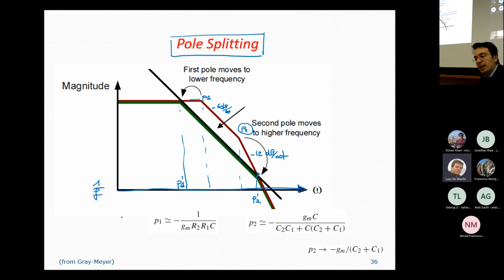So let's consider at first the case in which the positive input is applied to this topology. Let's suppose that we indeed are applying a positive input here.